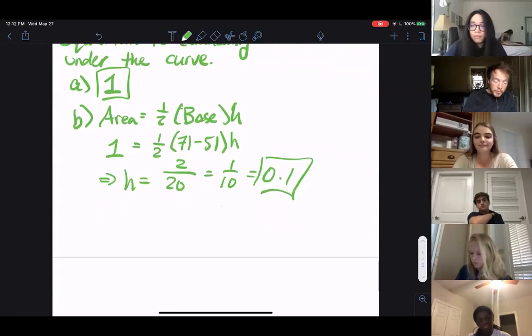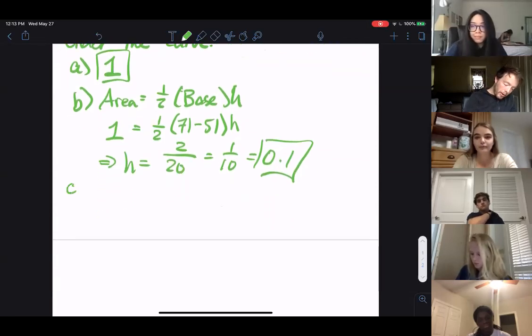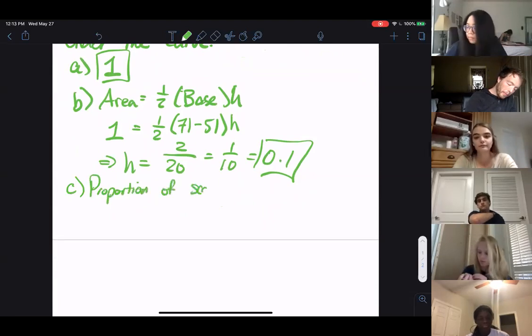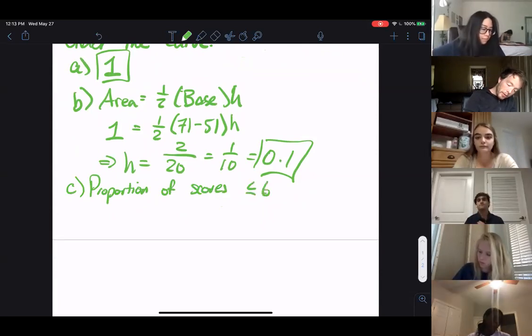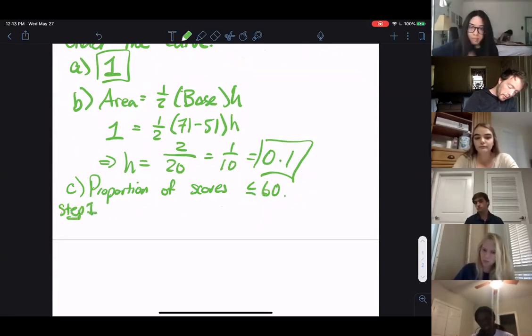The next one was the first one where you had to do an area under the curve calculation. So what is the proportion of scores we observed at or below 60? So less than or equal to 60. And the first thing you always do with problems like these is you draw a picture.